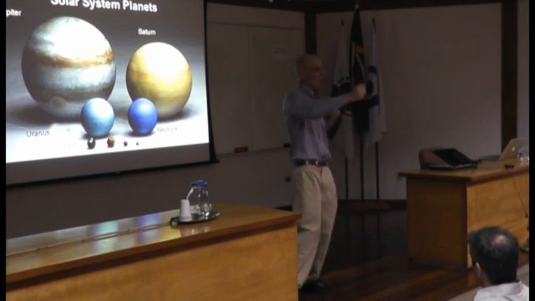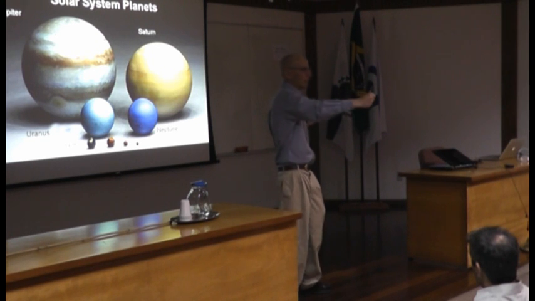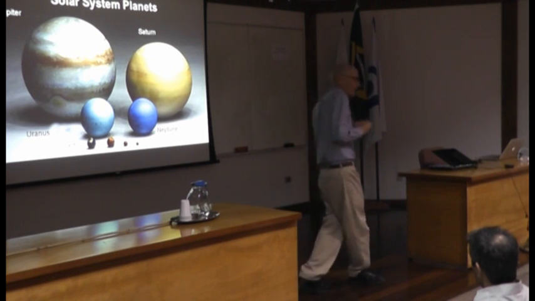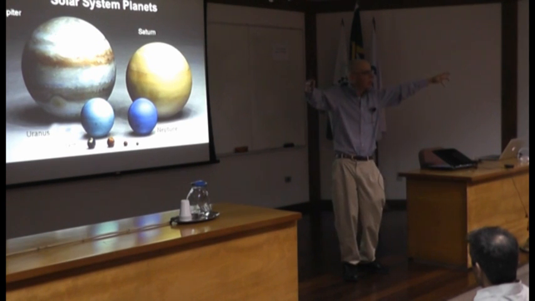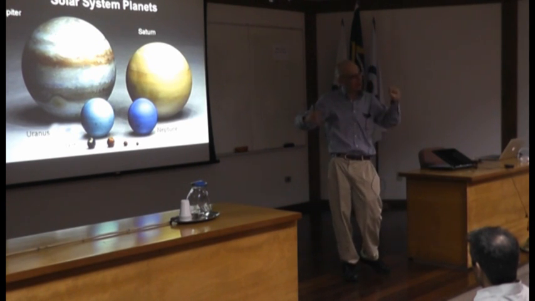But since these orbits are not Keplerian, they're perturbed significantly, that means the material's spread out. And the models, just to fit that and the density of these planets, say no rock, just ice and a little bit of gas on top.